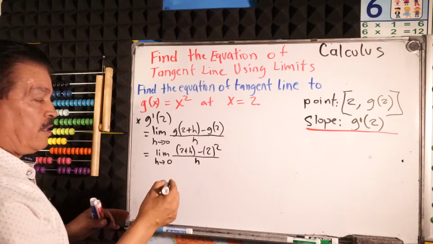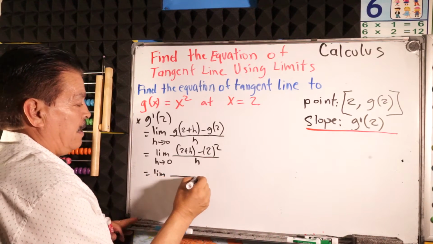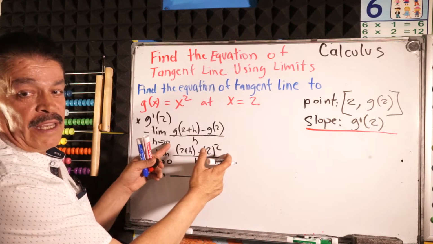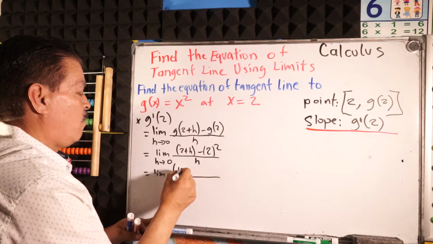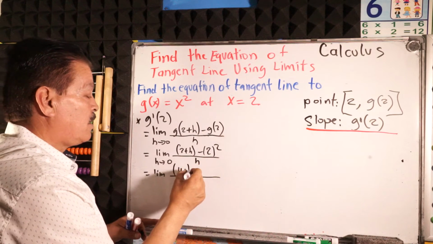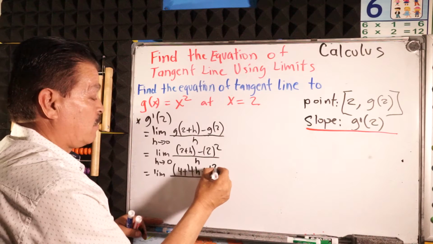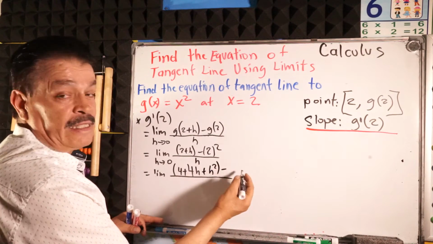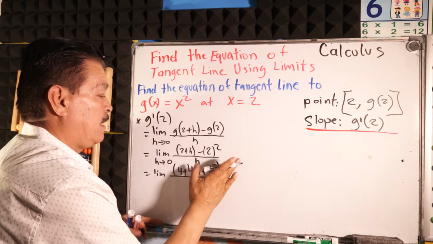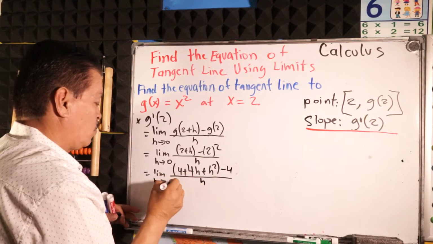All right, next step equals the limit. Just expanding this problem, we will have 4 plus 4h plus h squared minus 4, divided by h when h approaches 0.